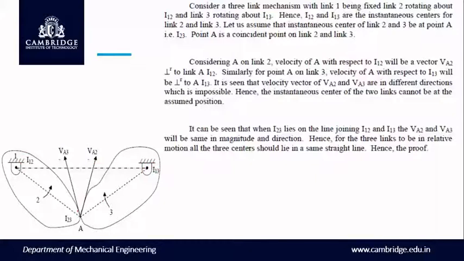This means I23 must be on the line joining I12 and I13. Hence, for three links in relative motion, all three centers should lie in a straight line. That's what Kennedy's theorem, or the three centers in line theorem, says.